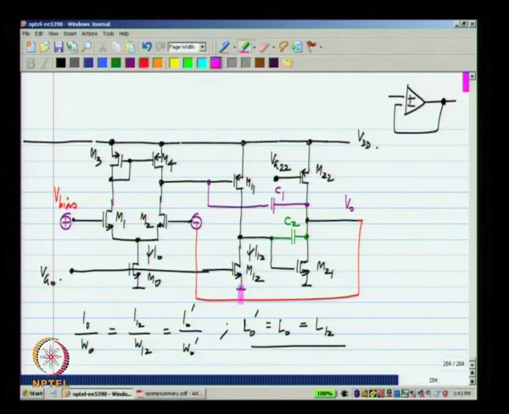Now, if you think of, let us say, this M11 M12 stage, let me redraw that here. So, this M12 is a current source. So, I will show it as a current source. This is I12. Okay. There is feedback through this M21 and through the input differential pair. Okay. Now, if you see from here to there, there is an inversion.